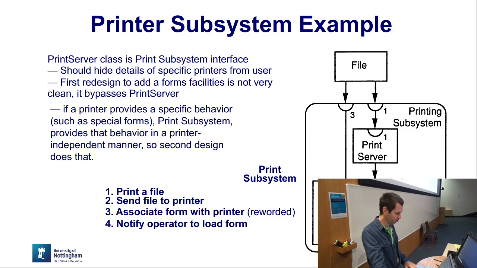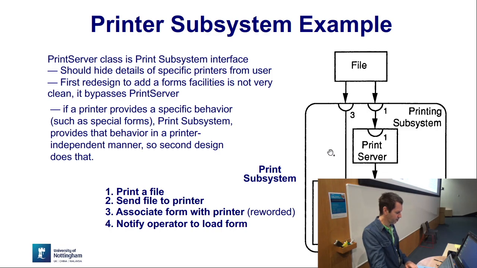So here's a printing subsystem. One of the contracts is print file and the other one is associated with a printer. But that's not very nice, is it? We don't really want to worry about associating a file with a printer. We don't want to think about that, actually.